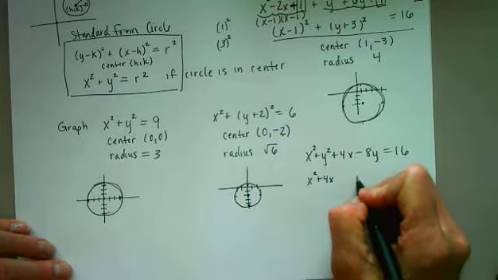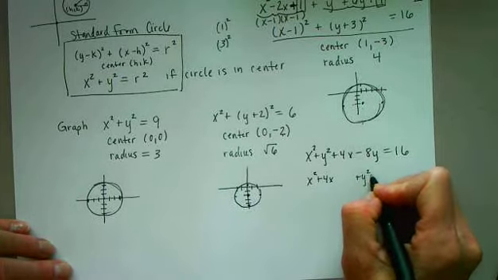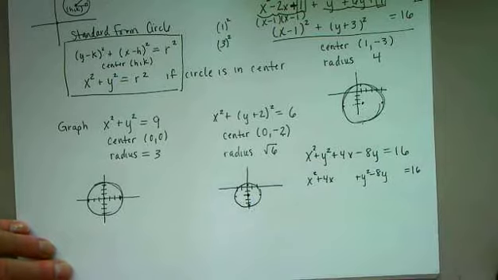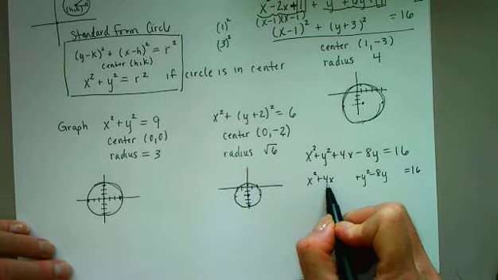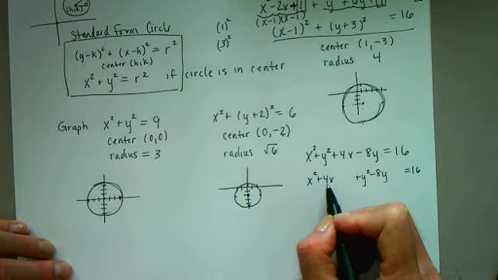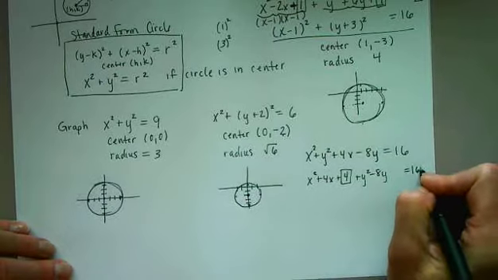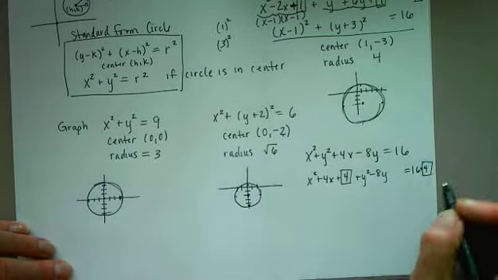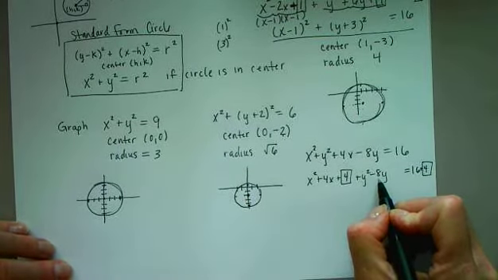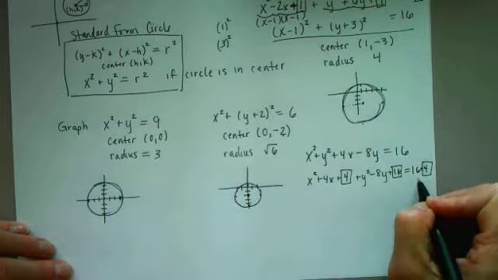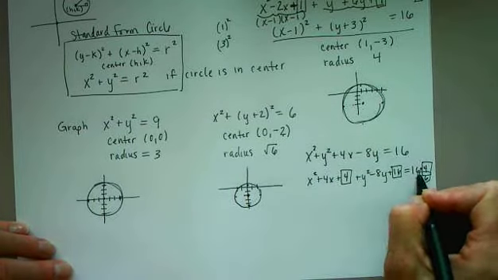Then we'll go to our y's, put the y's together, and once again, leave a space to complete the square. Take half of 4, which is 2, and square it, which is 4. That's our magic number that we add to both sides. Take half of 8, which is 4, and 4 squared is 16. So we add 16 to both sides.